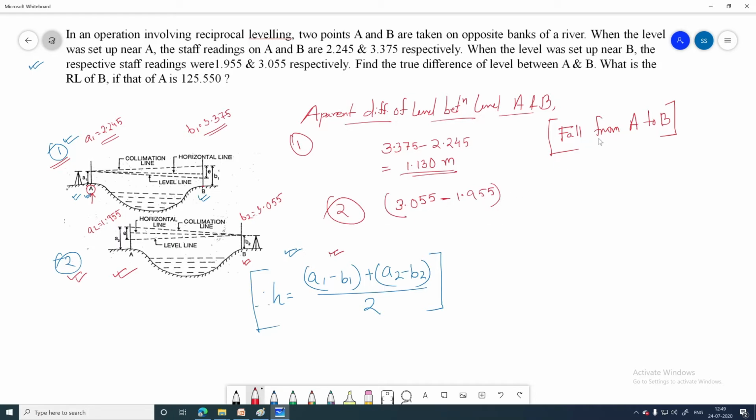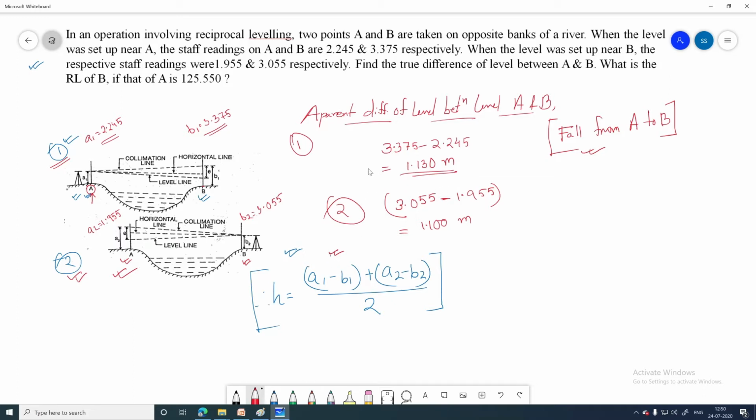Here it is also a fall from A to B, that means B has the higher depth compared to location A. The value will be 1.100 meter. It will also be a fall from A to B. So these two are the apparent differences of level between A and B.